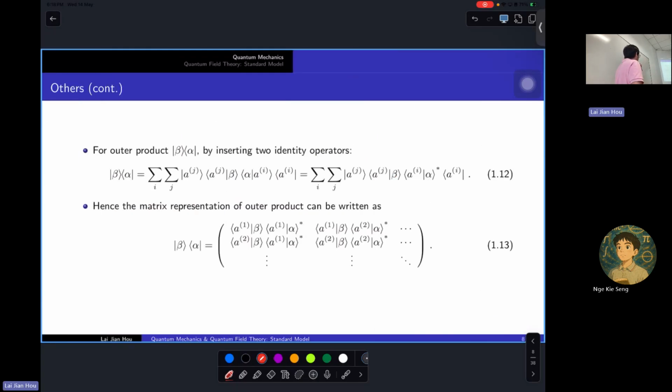While for the outer product, when we have the outer product of a ket and a bra, again we start by inserting two identity operators at the ends of beta and alpha, summing over the indices i and j. Again, we interchange this with skew symmetry.